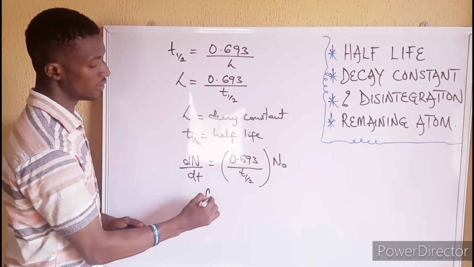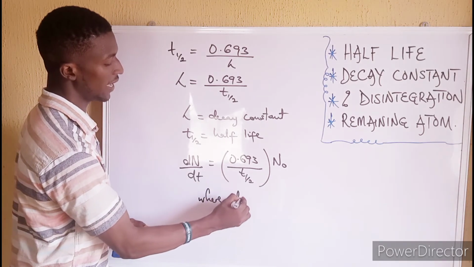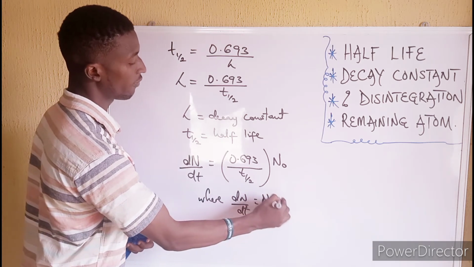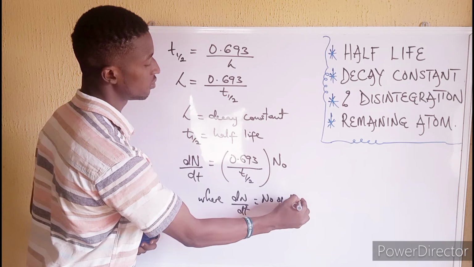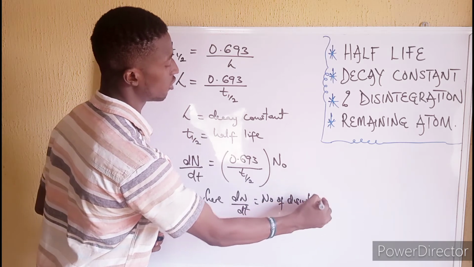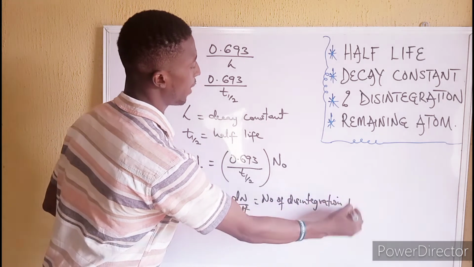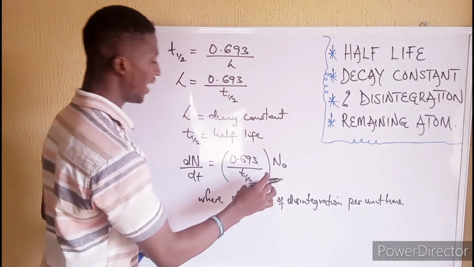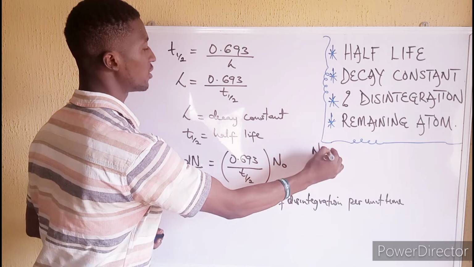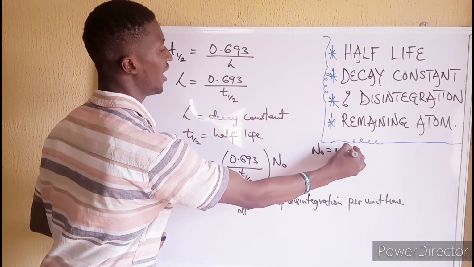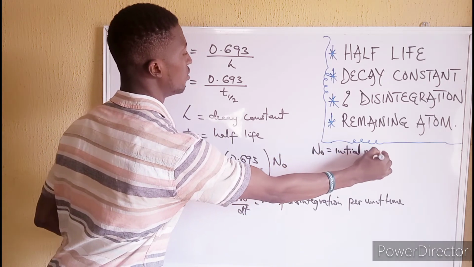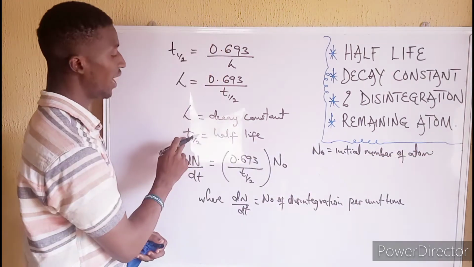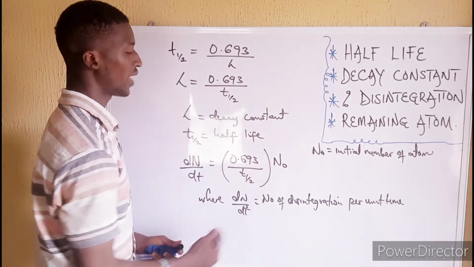So N over t is the number of disintegrations per unit time, N naught is the initial number of atoms, and T half remains your half-life.